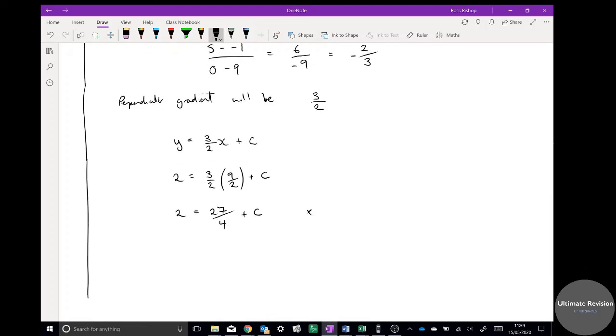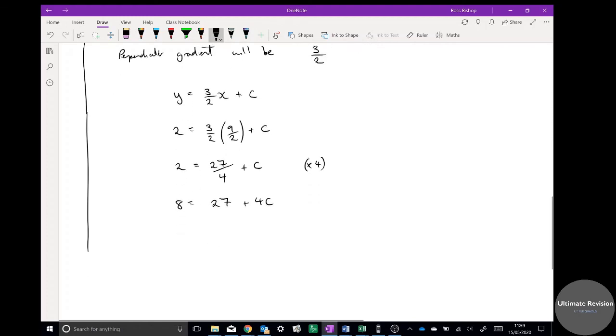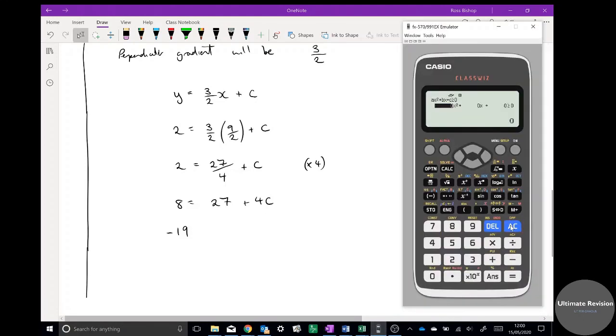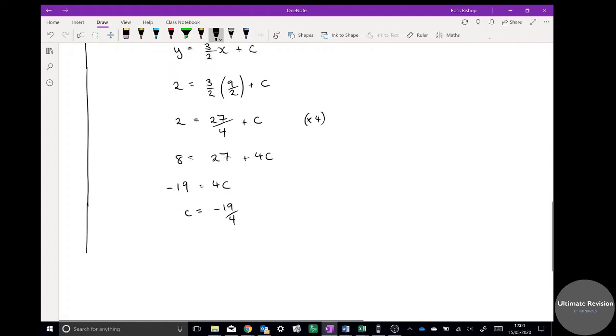Little tip here: if you times everything by 4, you get 8 equals 27 plus 4c. And then minus 27 from both sides, I get minus 19. Double check. Yeah, minus 19. I can divide both sides by 4. Minus 19 over 4.